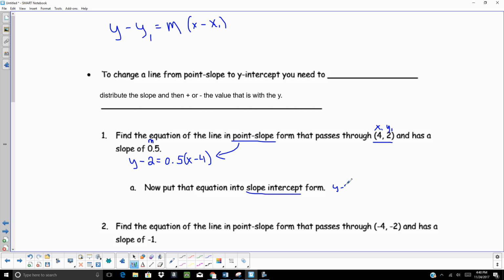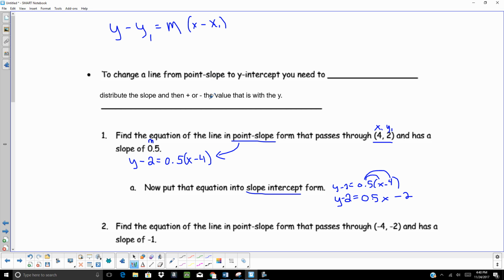Y minus 2 equals 0.5 times x minus 4. Well, here it says that I need to distribute and then add or subtract. So I'm going to start by distributing. So y minus 2 equals 0.5x minus 2.